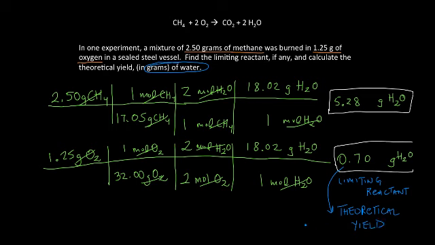The theoretical yield is the amount that we get under ideal conditions. So if we did this experiment and there was no air and everything went beautifully, well, we've calculated that with 1.25 grams of oxygen and 2.50 grams of methane, we can make 0.70 grams of water. And that is our theoretical yield.